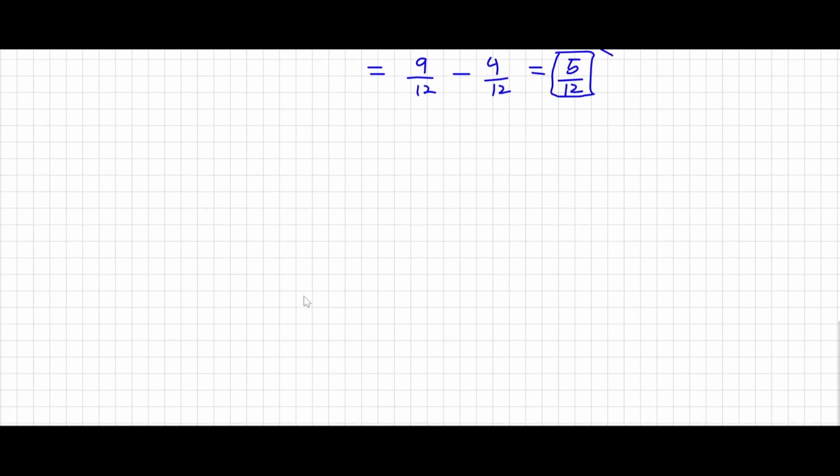So let's do the part C. Given part C, 2, 3 by 5 plus 1 by 3. So the solution, let's see. So 5 into 2, it's 10. 10 plus 3, it's 13.